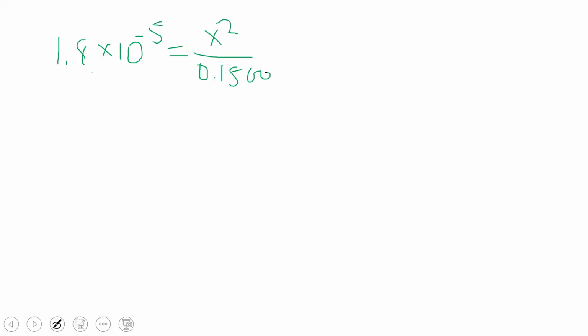And so here we can say that X squared is equal to 2.7 times 10 to the minus 6.